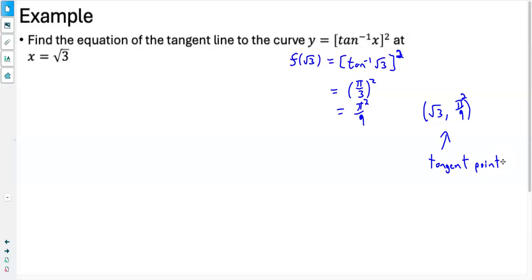Now we're going to find y prime. So we have to follow chain rule. So the first thing we're going to do is take the derivative of its exponent. So we're just going to have 2 times tan negative 1 of x times d dx of tan negative 1 of x.